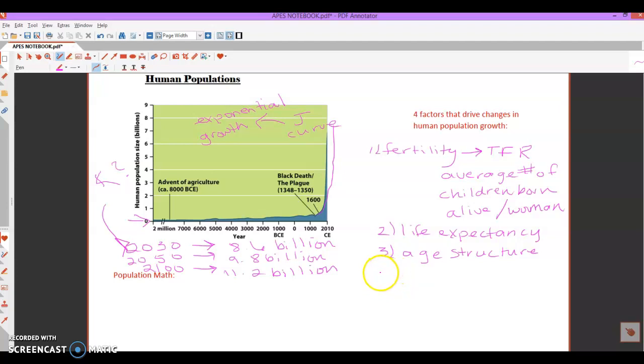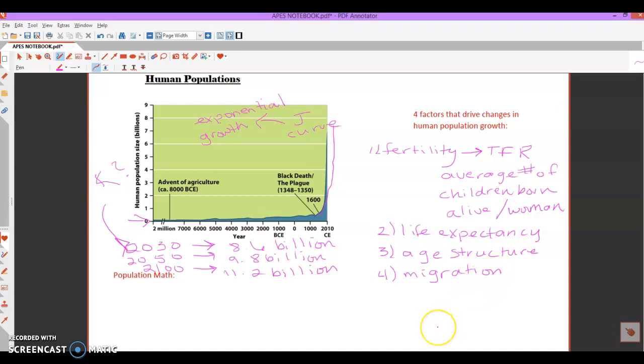And that's going to be a very big impact on how much the population is changing. Our last one is migration. We mentioned this a little bit in the first set of notes from a previous video. Migration, so moving into or out of a country, is also going to impact how a population changes.